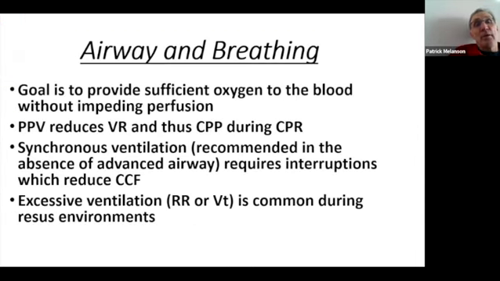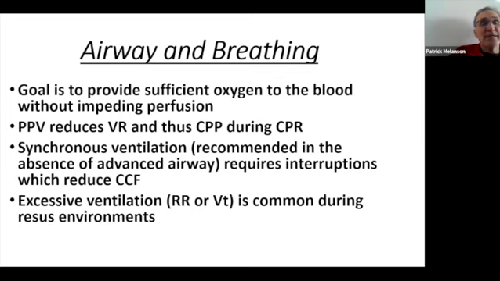The goal, remember, when you're managing the airway is to provide sufficient oxygen to the blood without impeding perfusion. You should be cognizant of the negative effects of positive pressure ventilation during CPR. It reduces venous return and therefore reduces coronary perfusion pressure. Both are bad things. It also decreases the chest compression fraction.